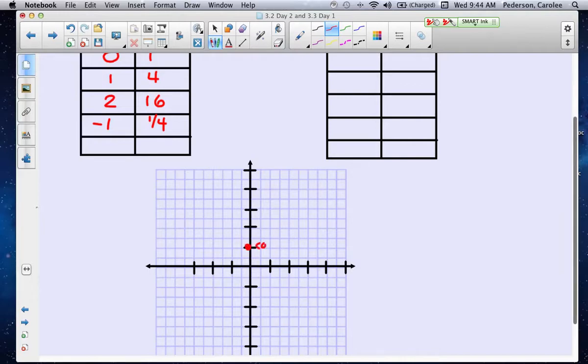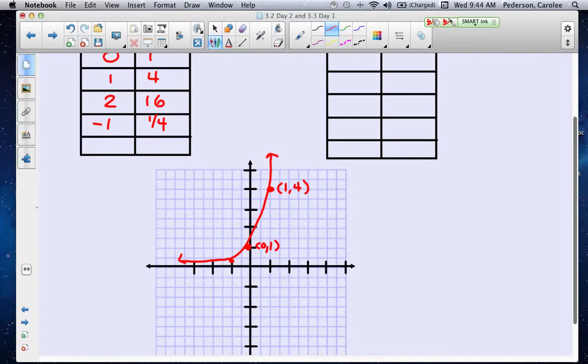Over 0, up 1. And then over 1, up 4. And then negative 1, up 1/4. So this is kind of a review from a couple days ago.